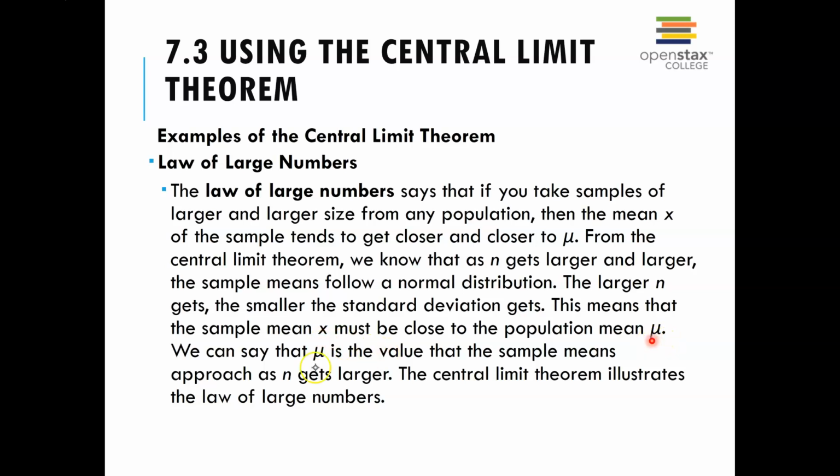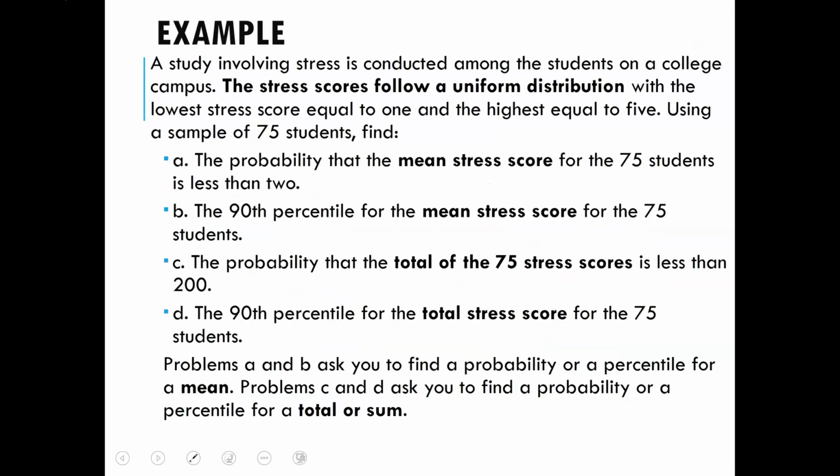We could say that the population mean is the value that the sample mean approaches as the sample size n gets larger. And that is exactly what we've said before. That is what the central limit theorem illustrates for the law of large numbers. So you can see how these two pieces fit together.